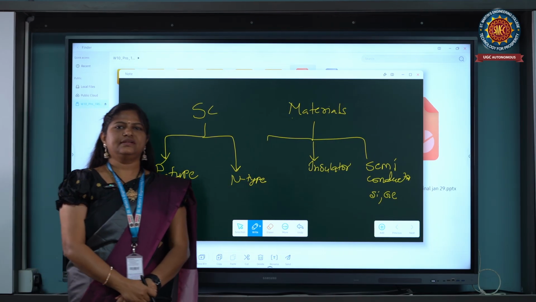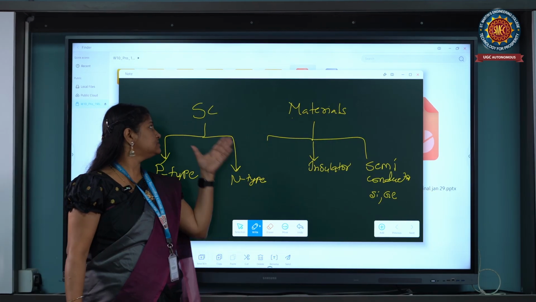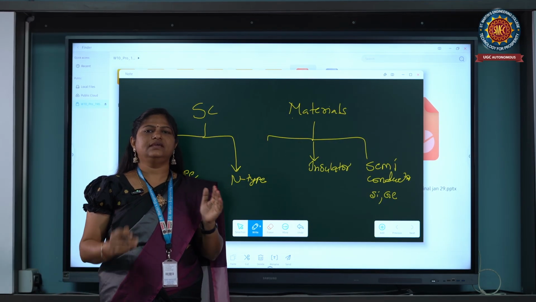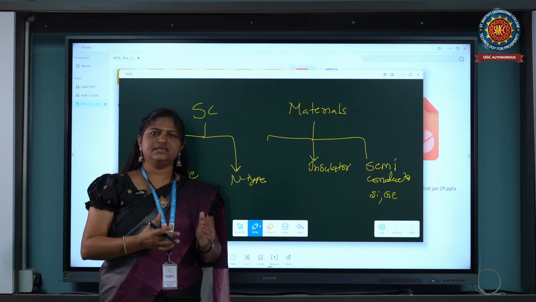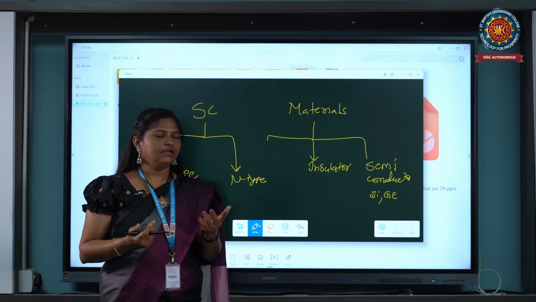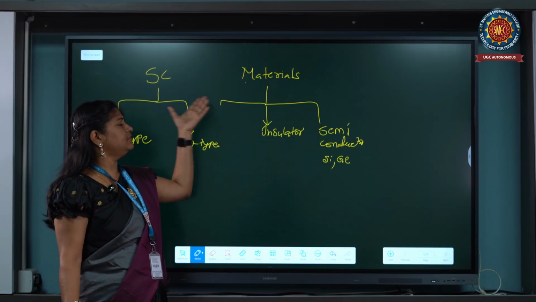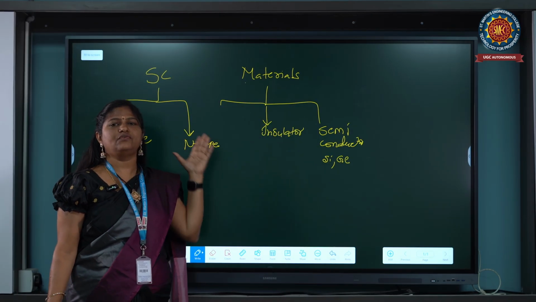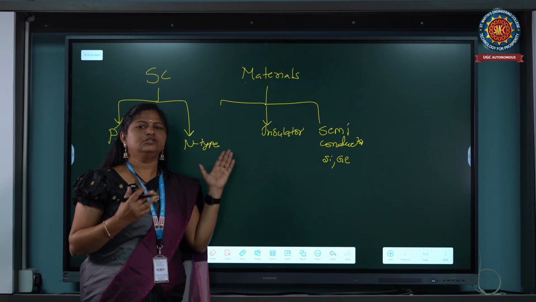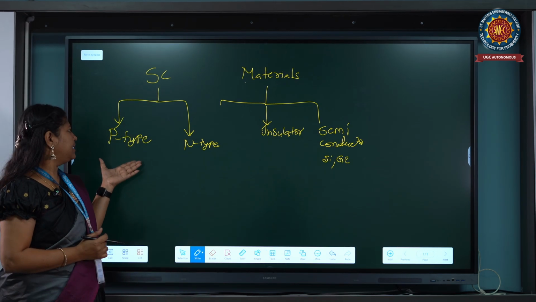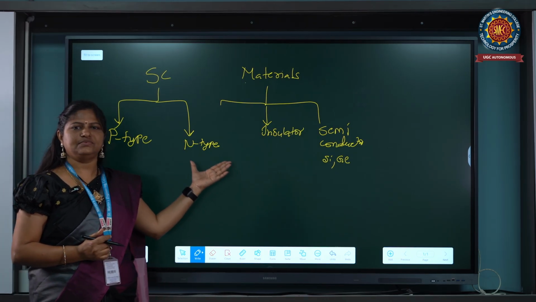The pure semiconductors are intrinsic semiconductors, and we add impurities to enhance the conductivity of the material. The process of adding impurities is called doping. So the extrinsic semiconductors are classified into two types, P-type semiconductor and N-type semiconductor.